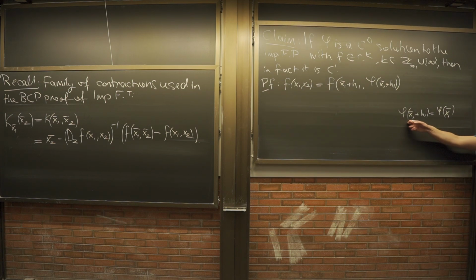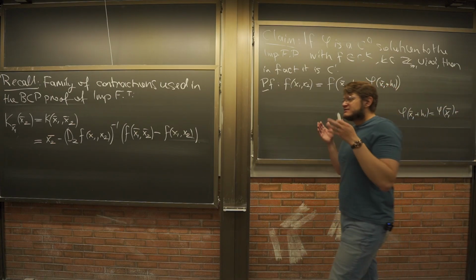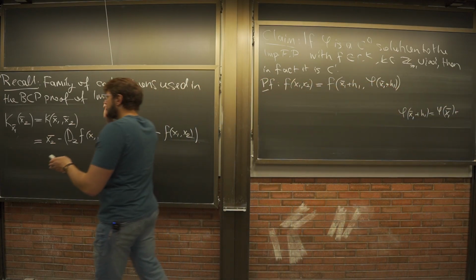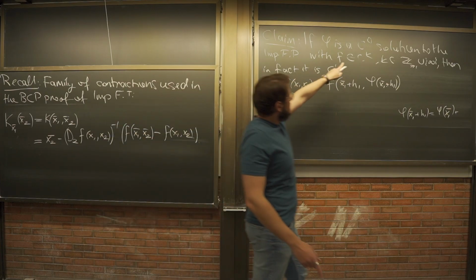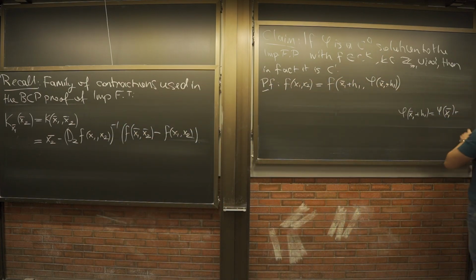Because if phi is C0, 0th order Taylor approximation works, which means that this is equal to the 0th order Taylor polynomial, which is just a constant, of course, plus higher order terms. Higher order terms in this case means anything that is faster than h1 in norm to the 0. Right? So the regularity goes to the exponents, and h in norm to the 0 is just little o of 1. This, of course, means nothing but as h1 goes to 0, this converges to this. This is just equivalent to continuity.